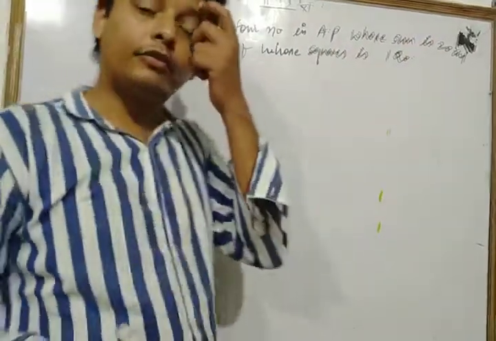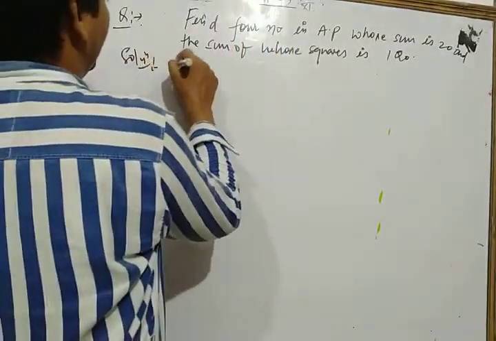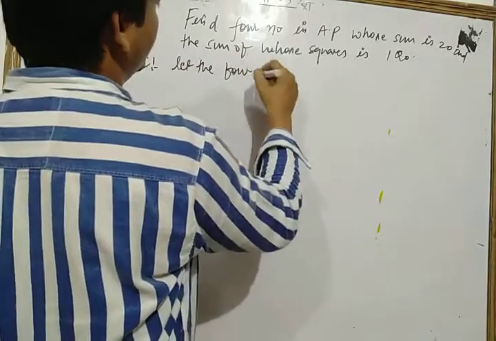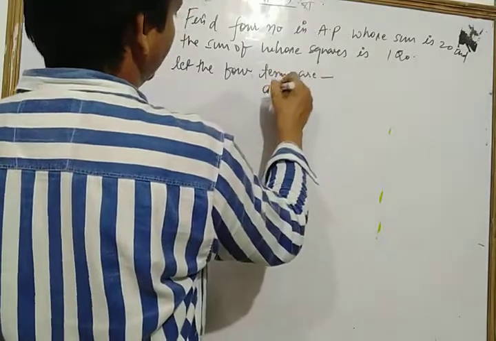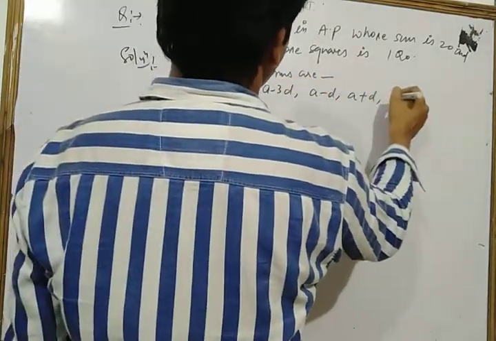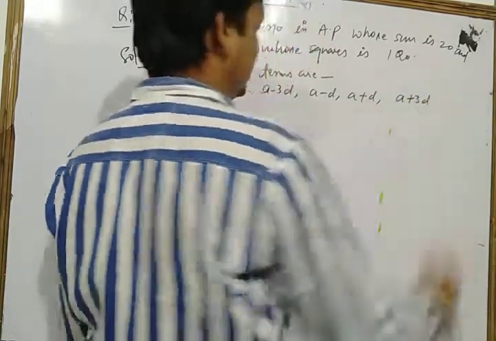So dear student, here we find the 4 terms, so we take the 4 terms as a minus 3d, a minus d, a plus d, and a plus 3d respectively.